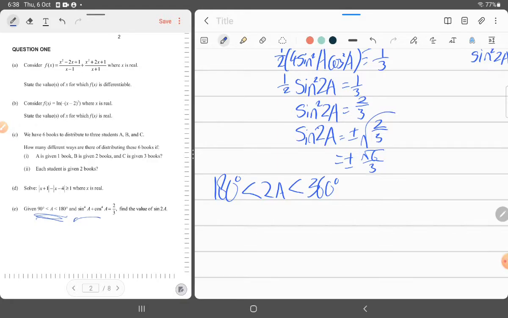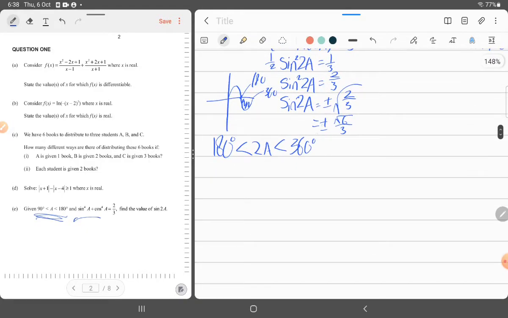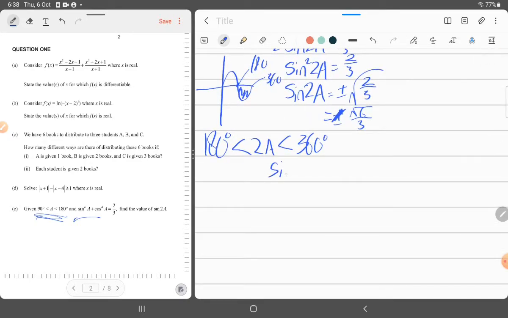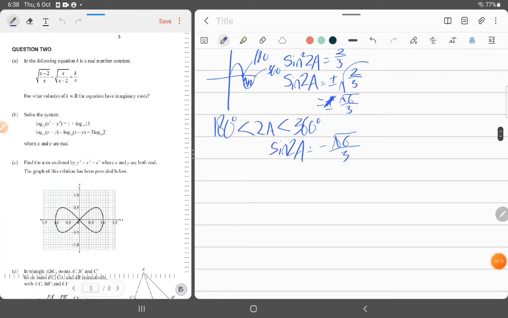If we look at a sine curve, here is 180, here is 360, so between 180 and 360 will always be negative, so the plus value is invalid, so sine 2a is equal to negative square root of 6 all over 3. Question 1 done. Let me just take a note on what time it is. So 24 minutes and 20 seconds for question 1a.